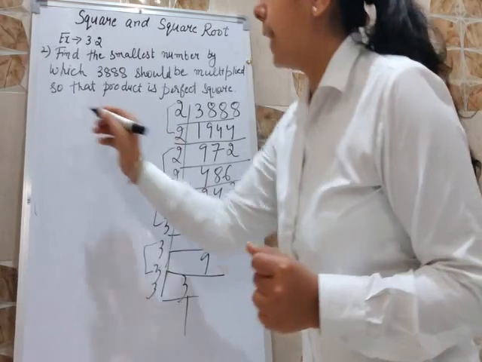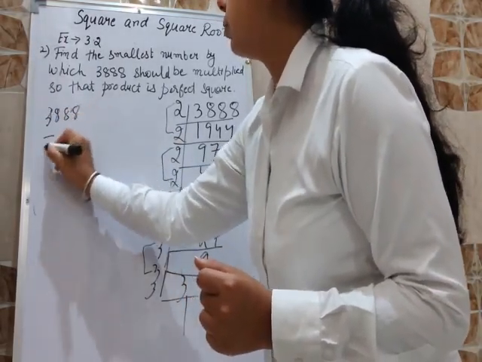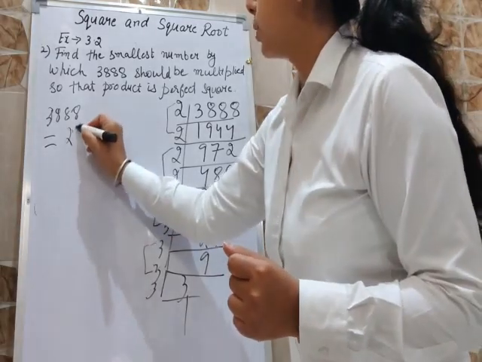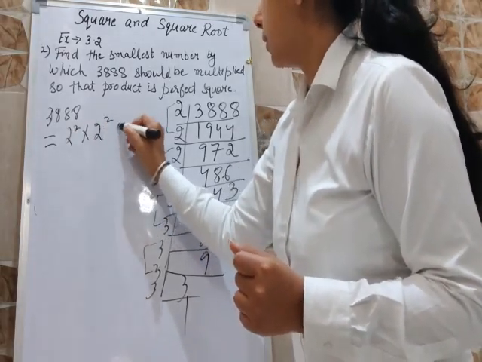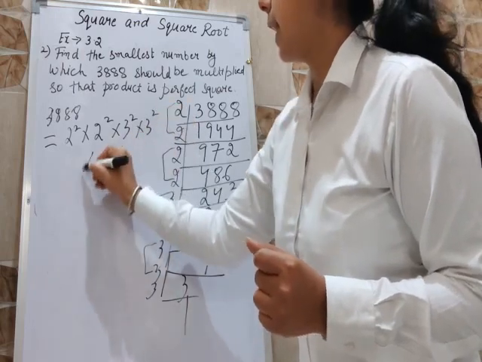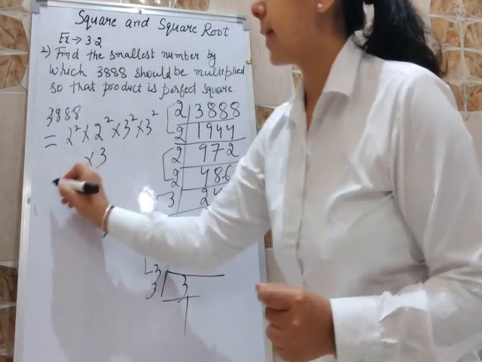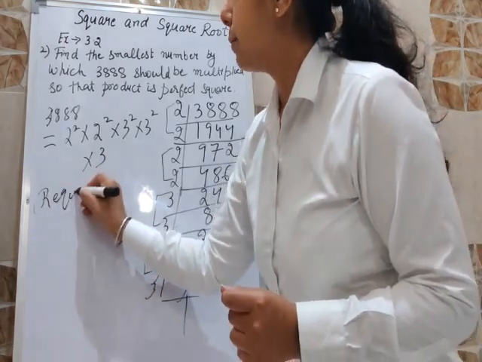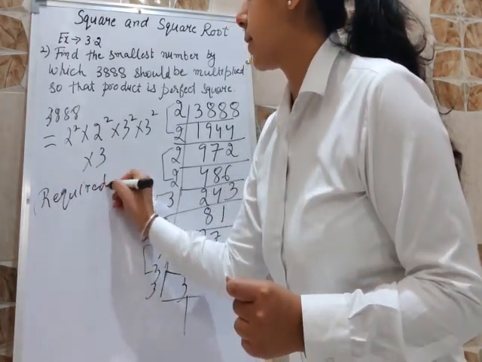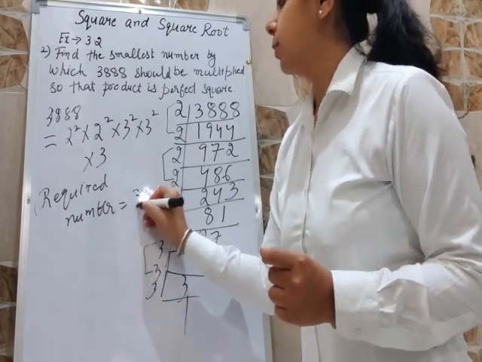So you have to write the factorization equal to 2 square, 2 square, 3 square, 3 square and 3. For a perfect square, the number is 3. So you can write there that the required number is equal to 3.